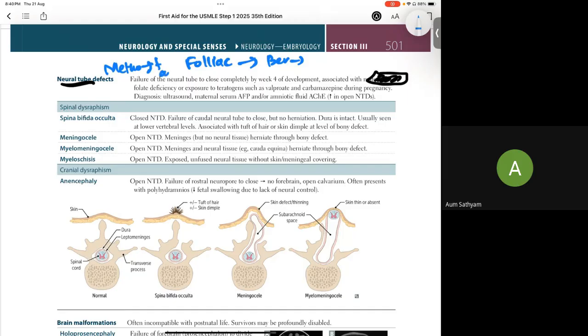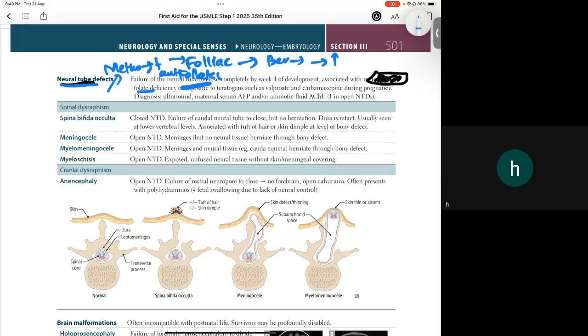It's an anti-folate drug, right? Yeah. Anti-folate drug. So if someone is taking anti-folate drug, it means they're going to be having more chances of getting neural tube defect. Why? Because folate or folic acid is important for closure of neural tubes. Does that make sense? Folate deficiency can also lead to neural tube defects.